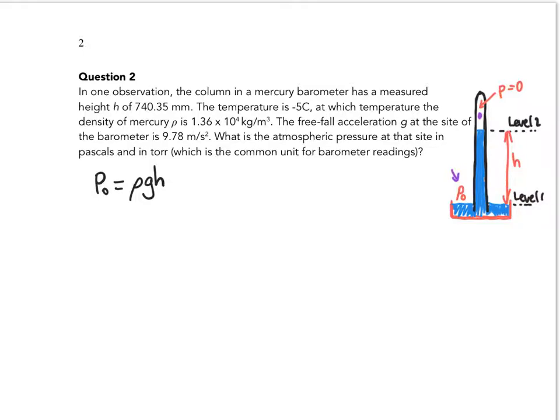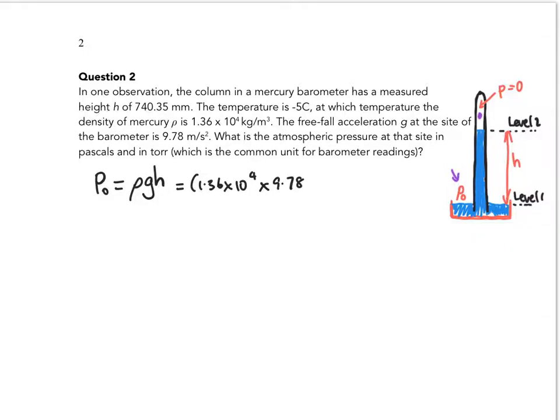So we have all of that information. We can plug that in from the expression. We've got rho, which is 1.36 by 10 to the 4. And we've got g, 9.7835, or I think we've got fewer significant figures than that. I'll just get rid of those ones.